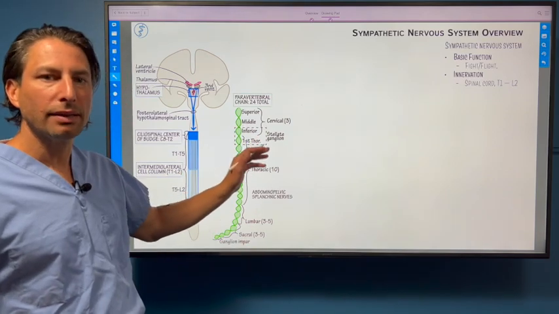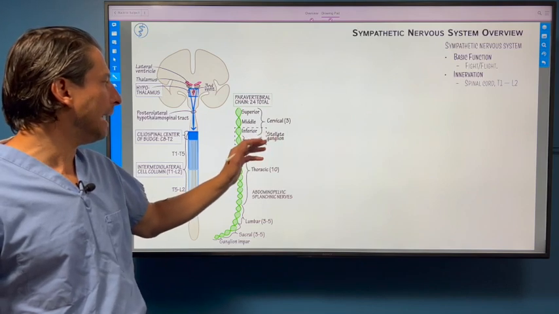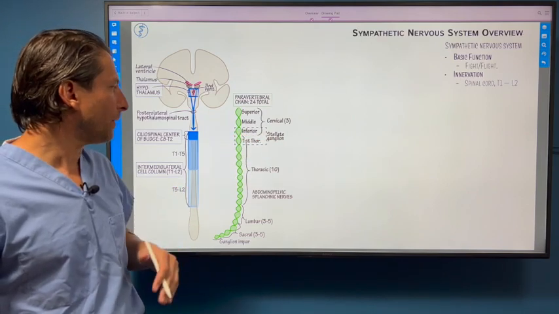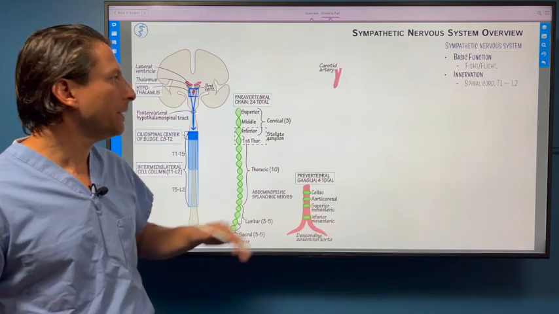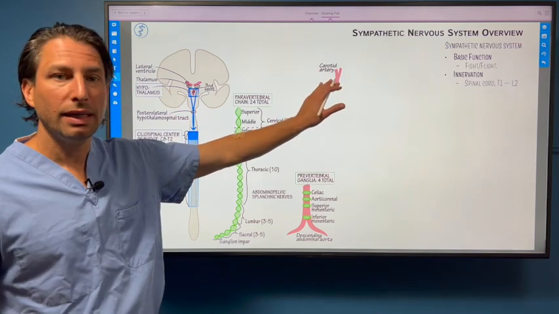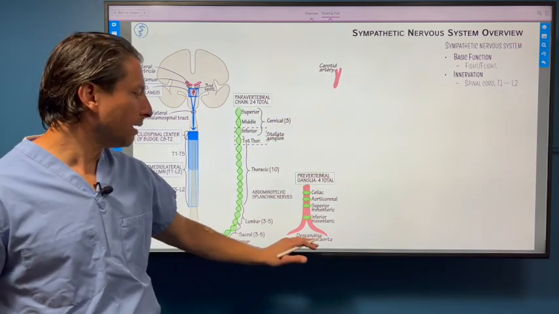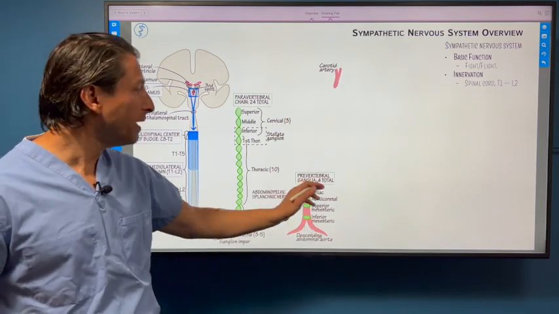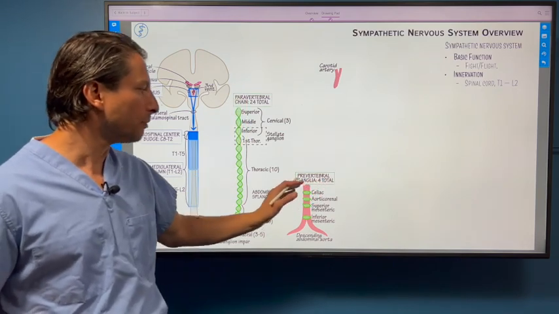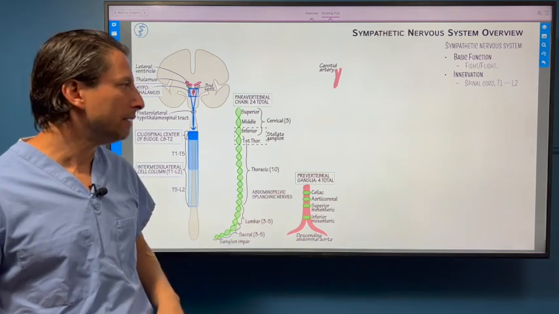Again, we point out the stellate ganglion, which is the name for the inferior cervical and first thoracic ganglia combined. And then some key vascular structures: carotid artery, and then the descending abdominal aorta, which has prevertebral ganglia. These were the paravertebral sympathetic chain, and then these are prevertebral ganglia.